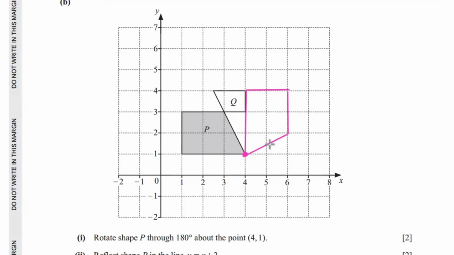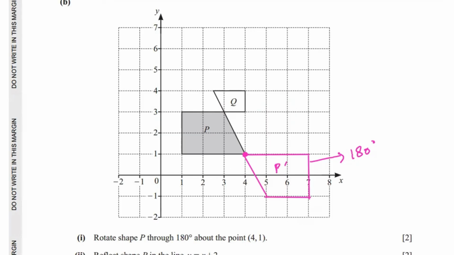Now, if we rotate it 180 degrees, that's going to be like this. This is 90 degrees. This is 180 degrees. So this is your rotation of P through 180 degrees about (4, 1).